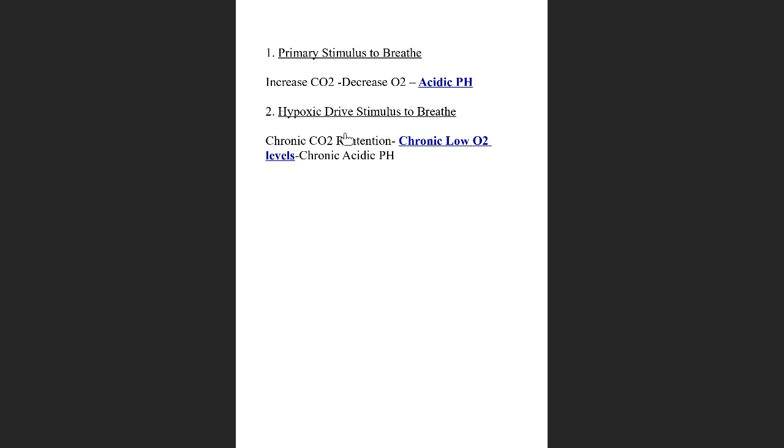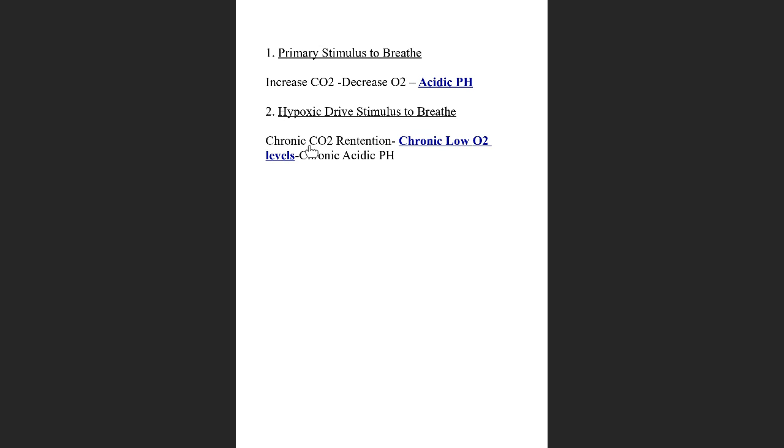Their body over time starts to retain CO2, and this is chronic CO2 retention. This leads to chronic low O2 levels, which will ultimately lead to a chronic acidic pH. So they're going to have a pH that is chronically low.